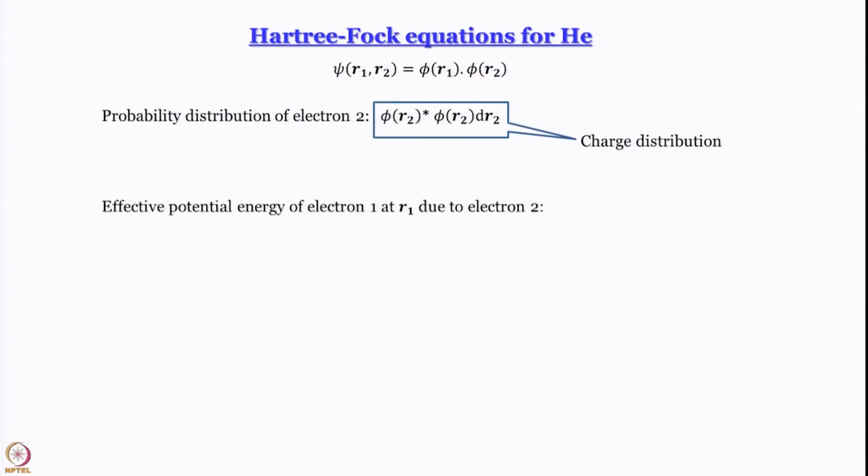That is a very important starting point of the Hartree-Fock method. So, what we do next is that we write down an expression for the effective potential energy of electron number 1 at point bold r1, characterized by r1 theta 1 phi 1. What is the effective potential energy of electron number 1 at its instantaneous position, which we denote by bold r1, due to electron number 2?